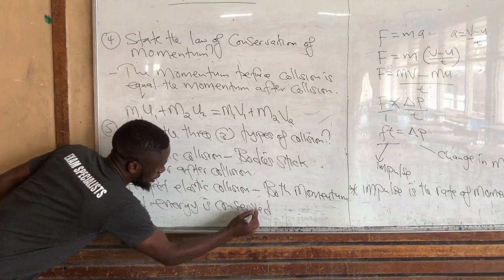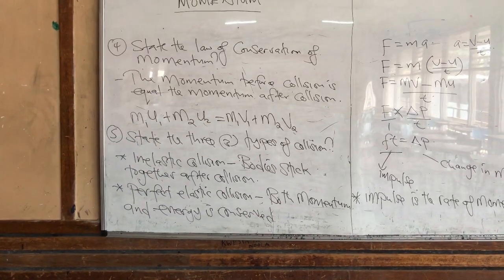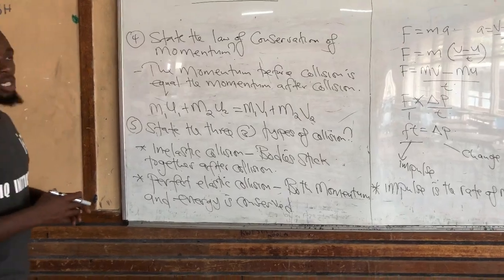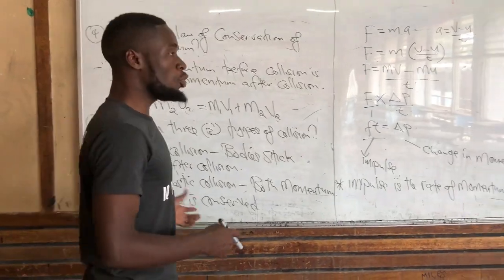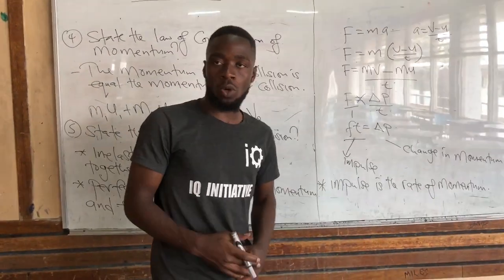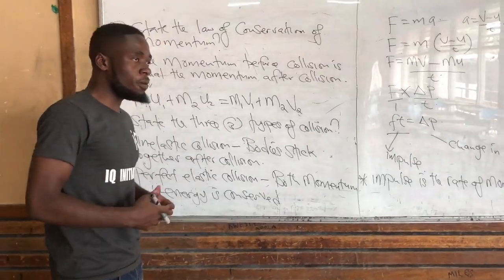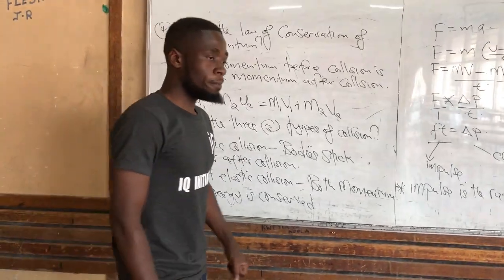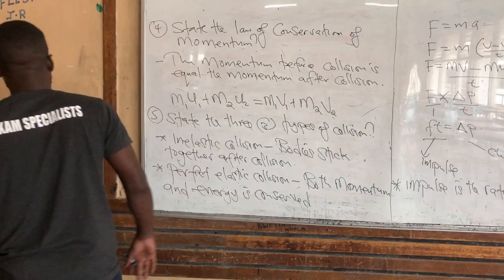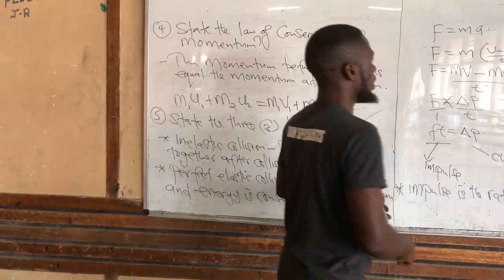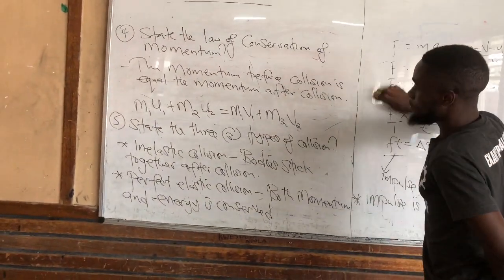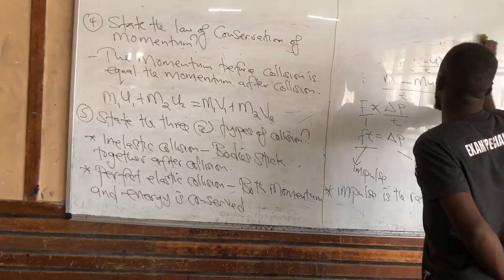This type of collision is usually found in very small, tiny particles like ions, molecules, and atoms. So let's go to the next one, the last one.